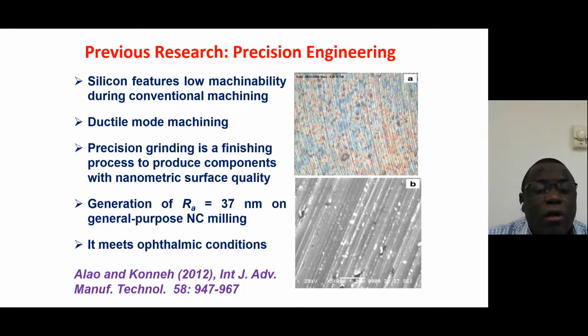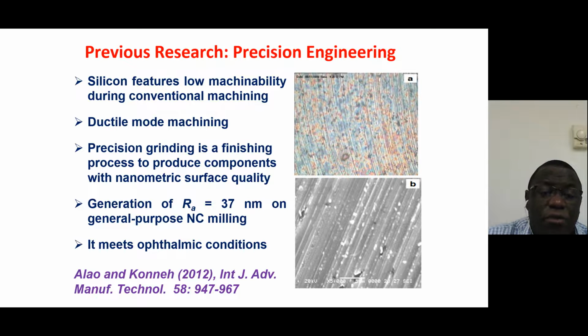Silicon is useful in the electronic industry because it is used in integrated circuit chips. Because of that, the service requirement requires thinning of silicon and generating high surface quality.